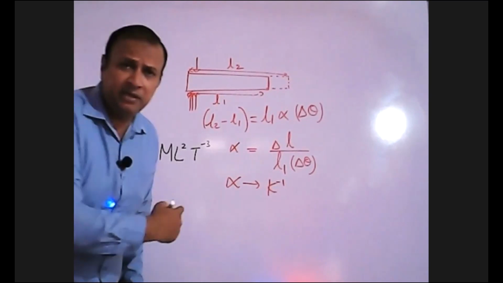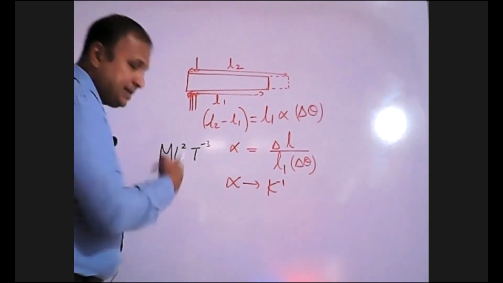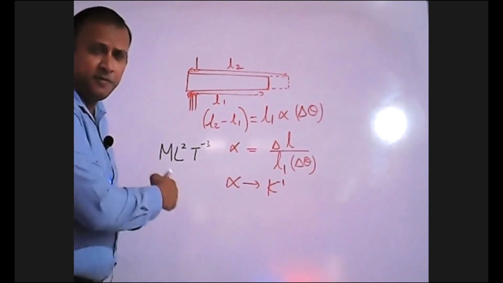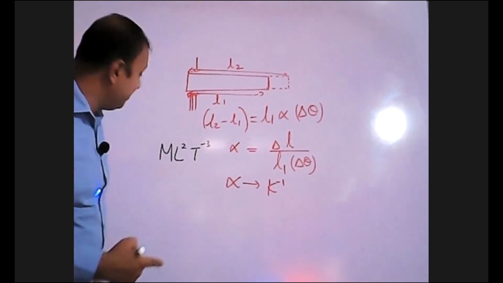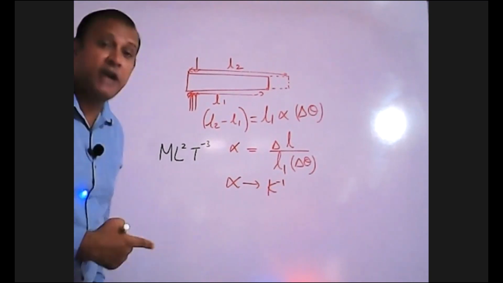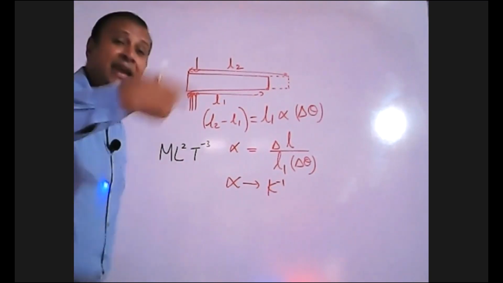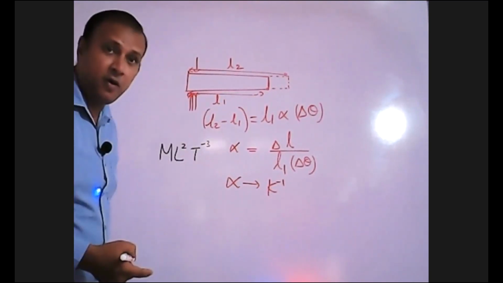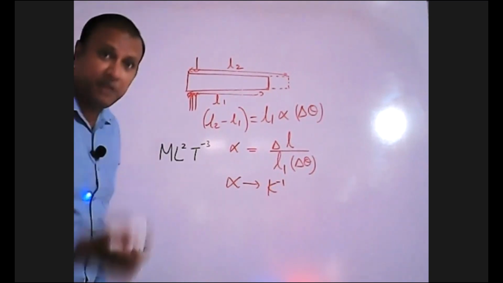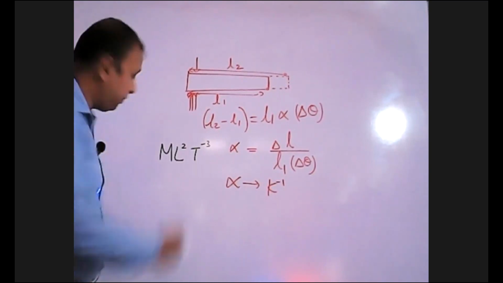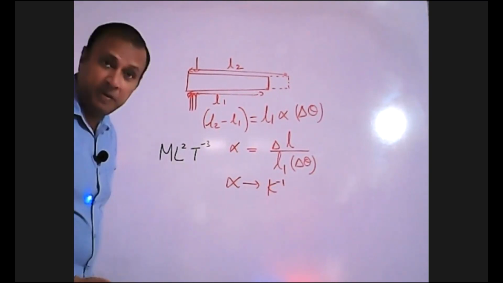ML squared T minus 3 means there is a force inside this expression. I can see the dimension of force. So write the dimension of force and extract it. Then you can determine what physical quantity is represented by this dimension.